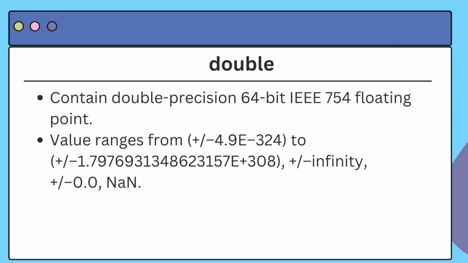And similarly for the double, it contains double precision 64-bit IEEE 754 floating point scheme, right? And the values are a little bit higher than the float, and it also includes the infinity and the zeros apart from not a number, right?